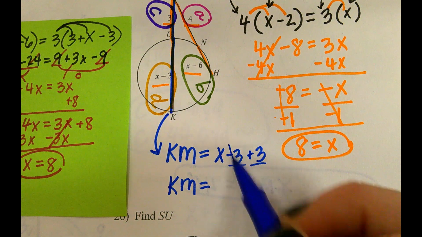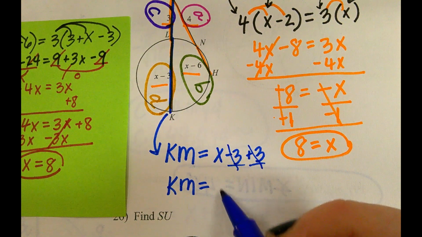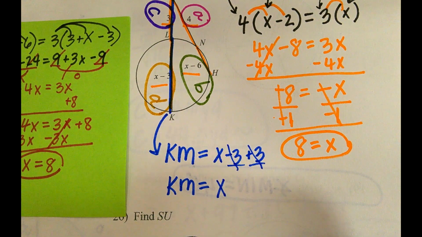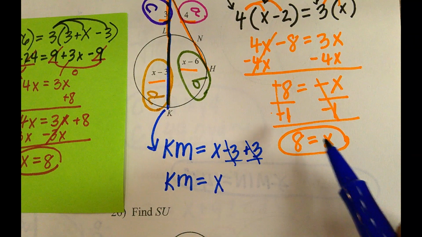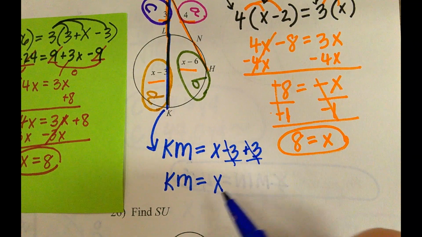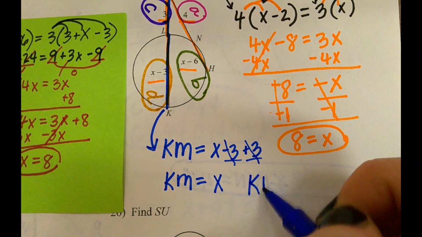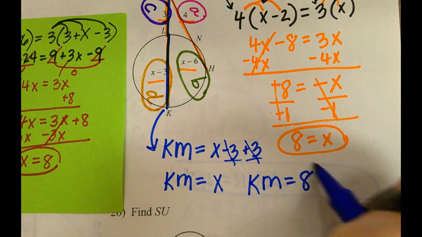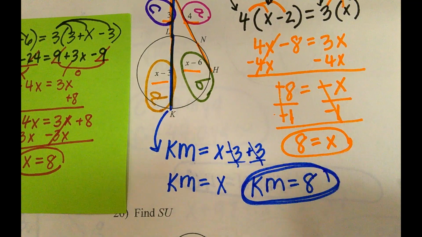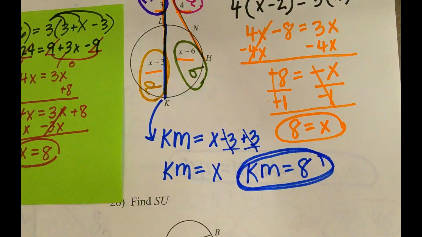Equals 0. So KM is just x. We know what x is. It's 8. So what is KM? 8. KM is 8. Perfect.